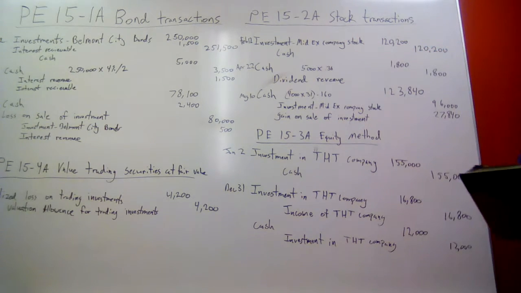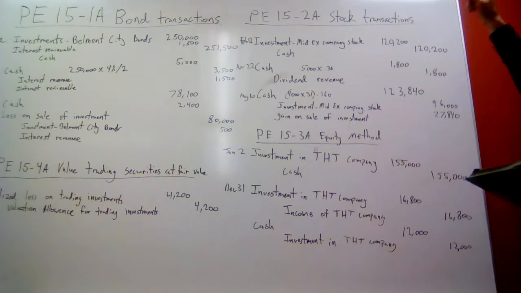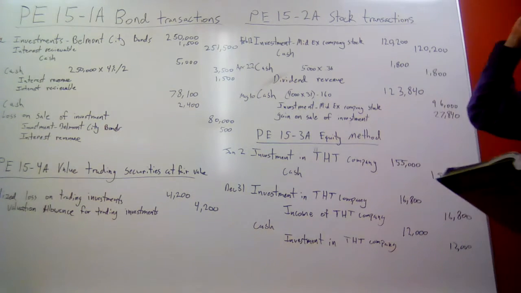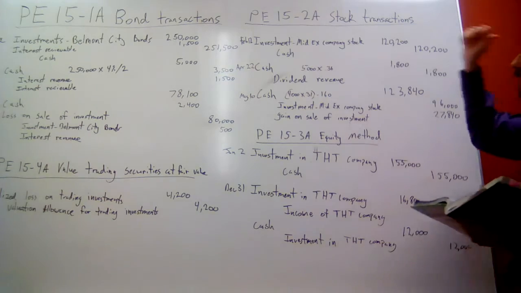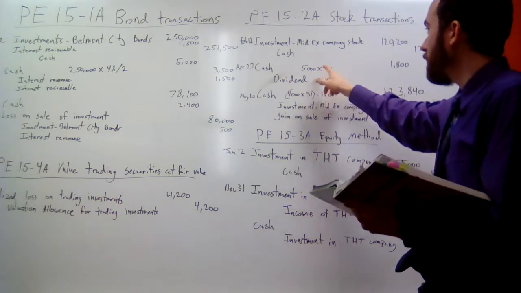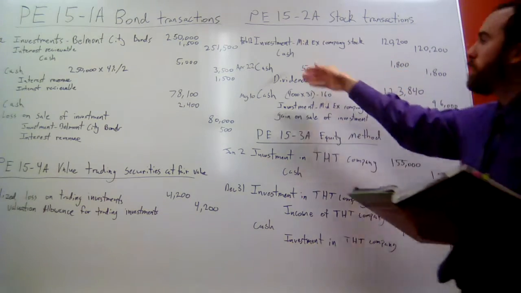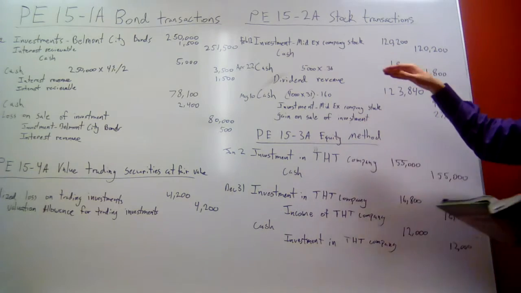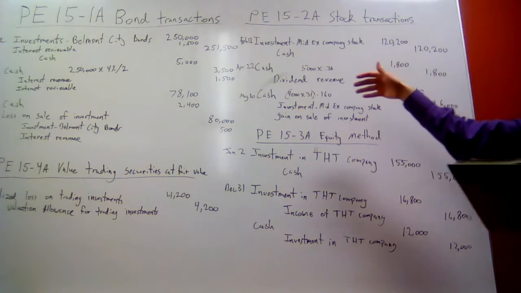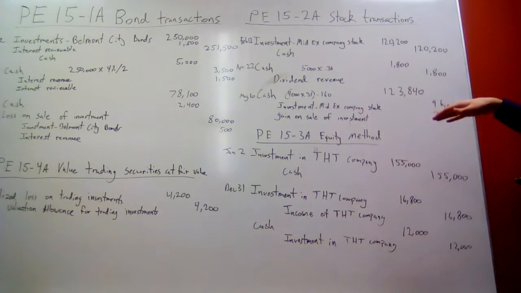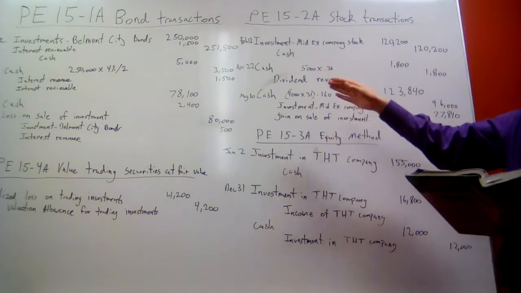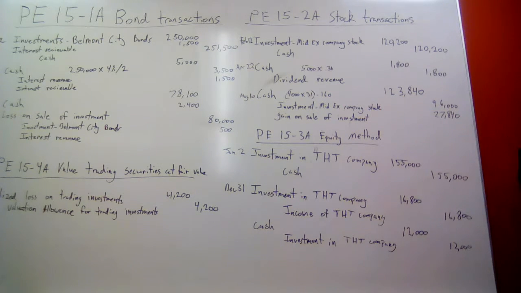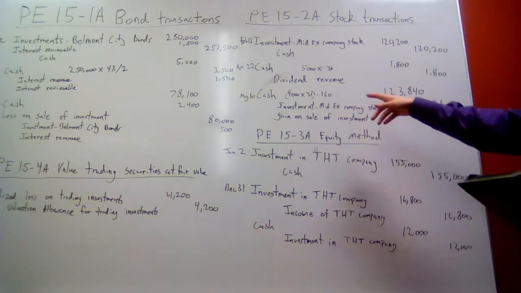April 22nd. We had a 36 cent per share dividend. So 5,000 shares times 36 cents equals 1,800. Debit the cash for 1,800, credit the dividend revenue for 1,800. And then on May 10th, we sold 4,000 shares at $31 minus a $160 brokerage fee. And you just minus that here.